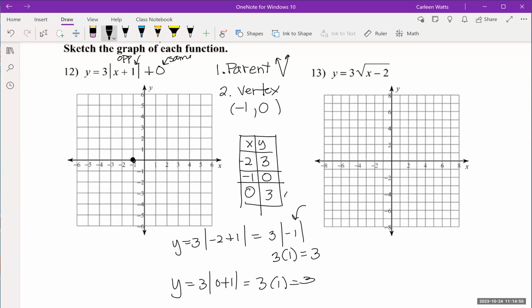So I just checked it and it looks like I'm good. So -2, 3 and 0, 3. And this one reminds me of Rudolph, the red-nosed reindeer with the little eyes and little nose, little antlers. Yeah, so this one's Rudolph and it matches the parent graph.